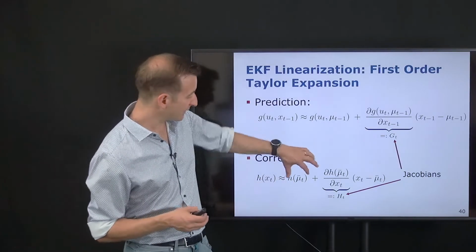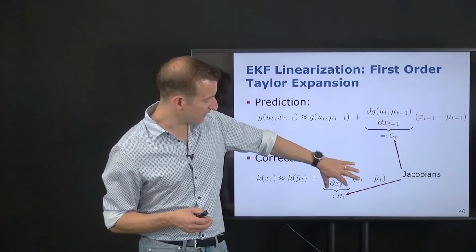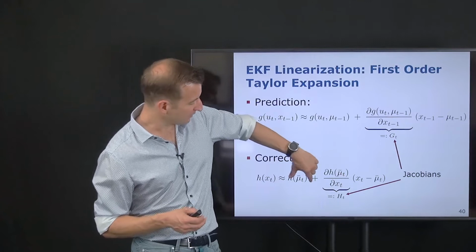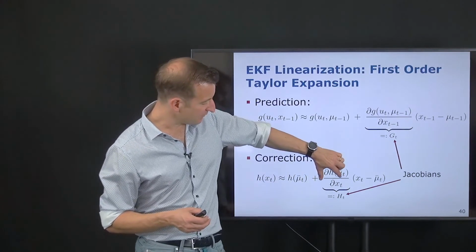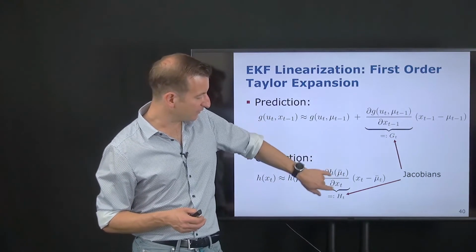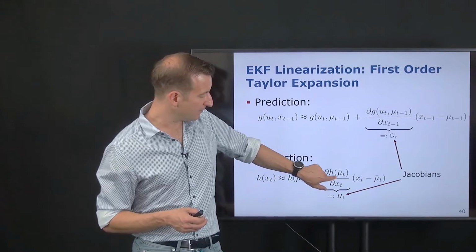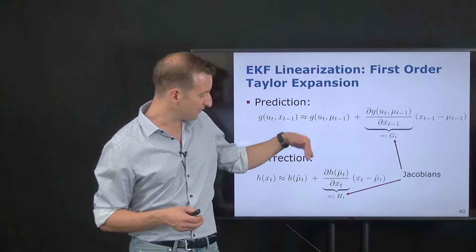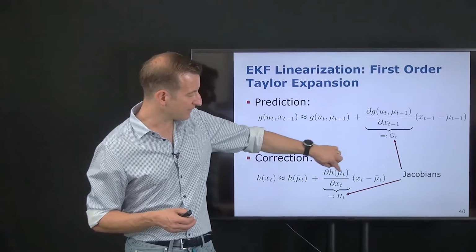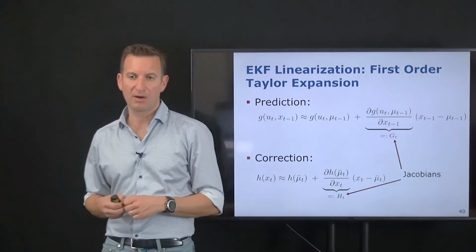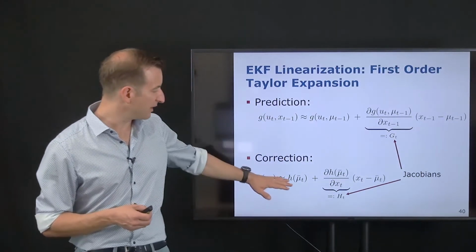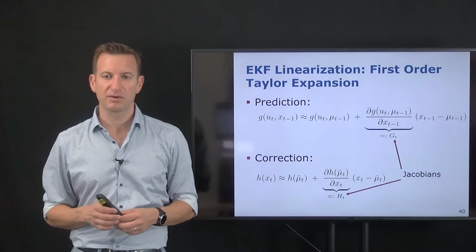So this turns into a linear function: this is a constant, this is a constant, the linearization point, the y value over here, and this is the slope of my linear function, and this tells me how far I am away from that linearization point. The same holds for the correction step as well as for the prediction step.